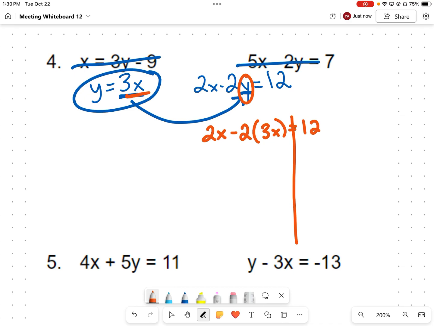So what are we going to do with negative 2 times 3x? Multiply it. What do we get whenever we do negative 2 times 3x? Yeah, so it's going to be 2x minus 6x. Okay, we need to simplify that. What's 2x minus 6x? Negative 4x.